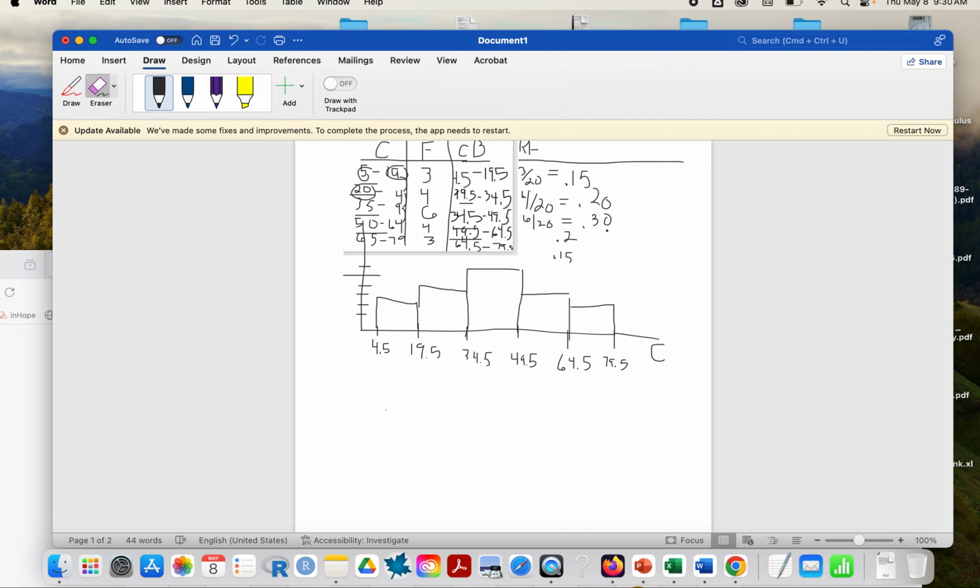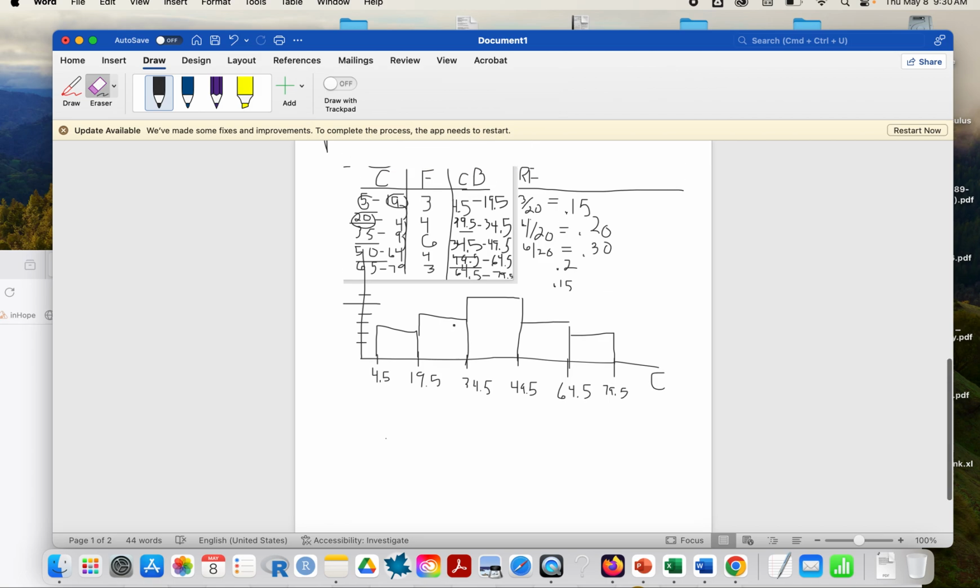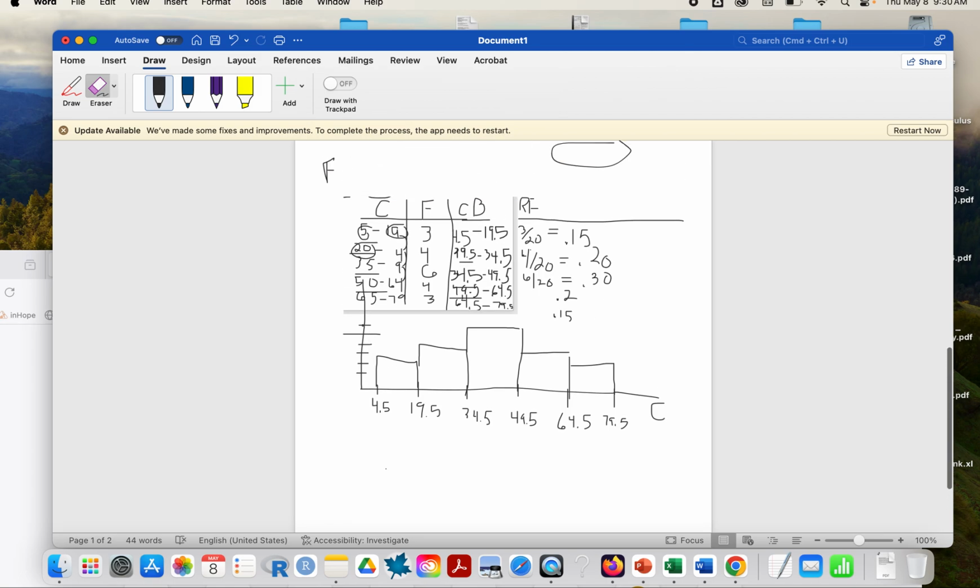If we're going to make a relative frequency histogram, the only thing that changes is our axis. The shape stays the same, and the boundaries for the x-axis stay the same. What does change is your axis: instead of being counts, your axis becomes percent.